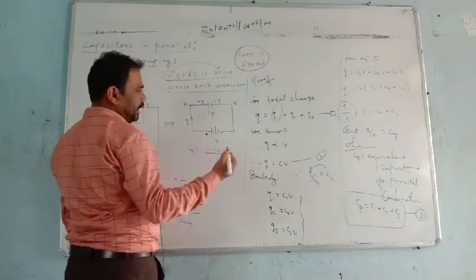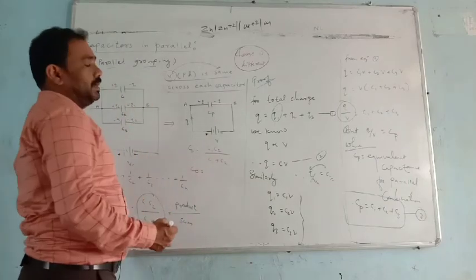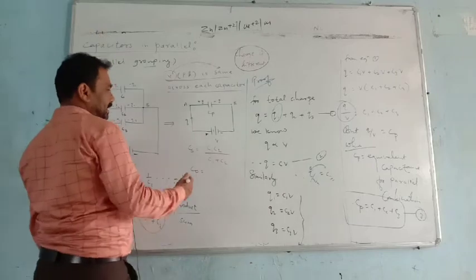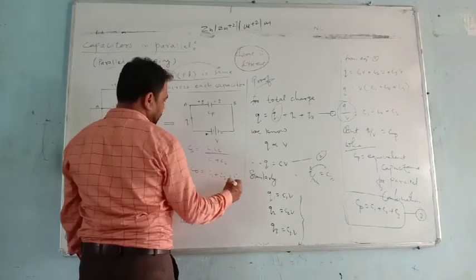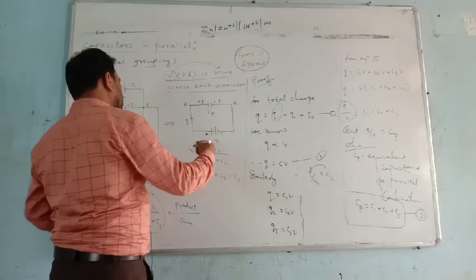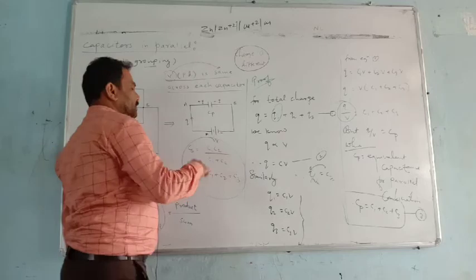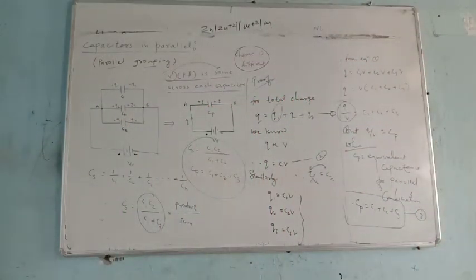Then if three capacitors are there, the equivalent capacitance for parallel combination is exactly equal to the addition of C1 plus C2 plus C3. These two formulas are very important because applications depend on these concepts. Okay, so you should clear these concepts.